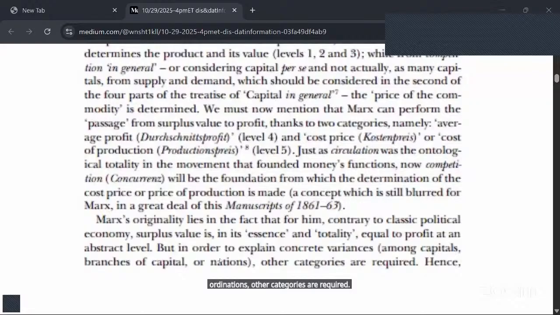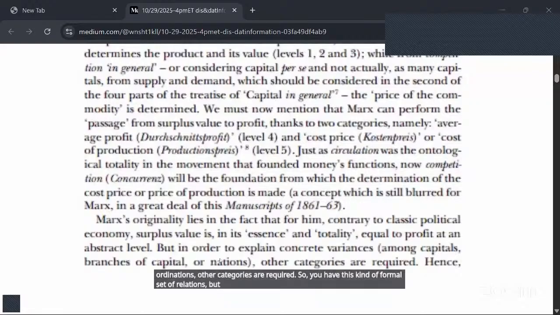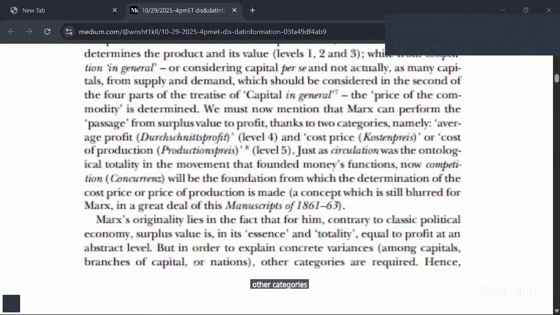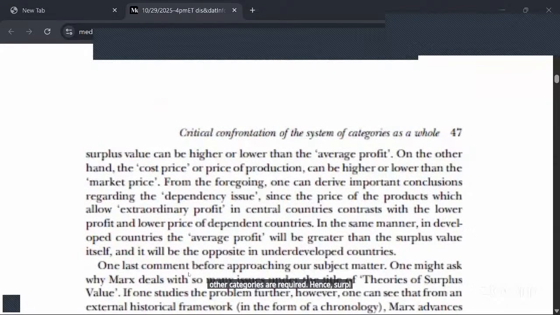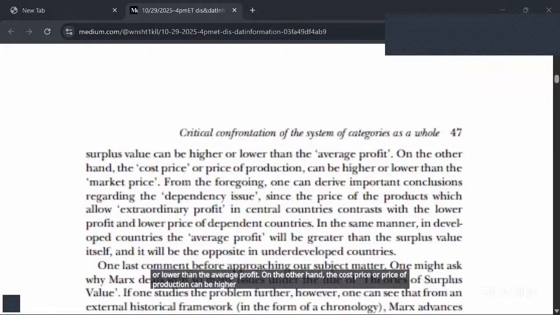So you have this kind of formal set of relations, but in order to fully realize it as a materiality, other categories are required. Hence, surplus value can be higher or lower than the average profit. On the other hand, the cost price or price of production can be higher or lower than the market price.